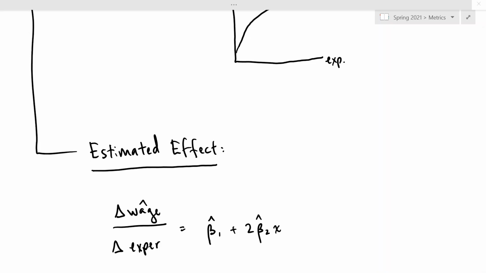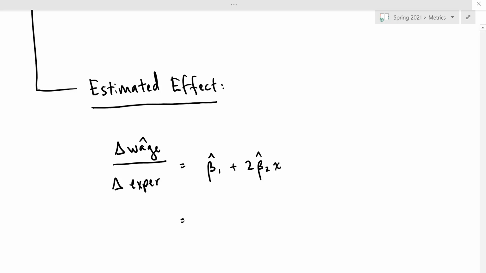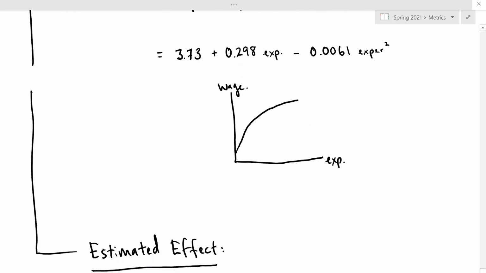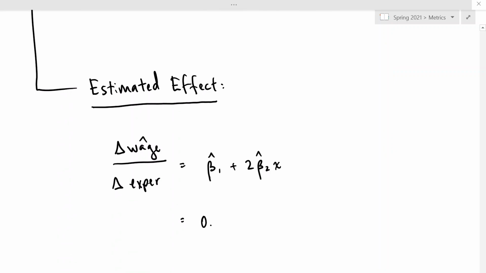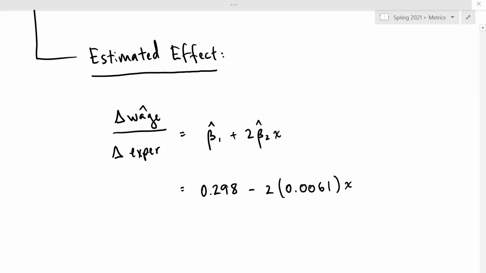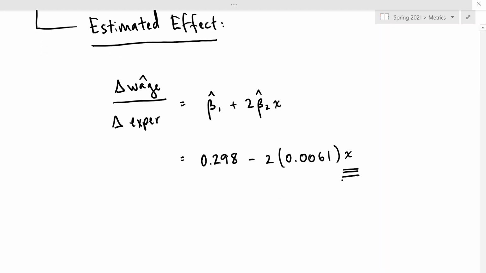And we now have beta 1 and beta 2, and so we can actually calculate that out. So that's equal to 0.298 minus 2 times 0.0061 times x. It's a minus because beta 2 is negative. So now it's a function of what x is, because if experience changes, experience squared also changes.